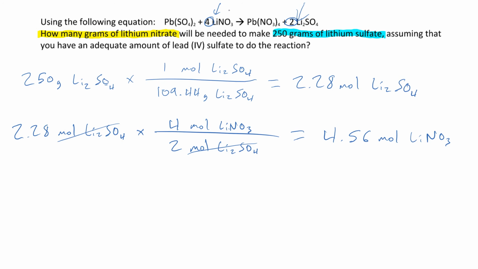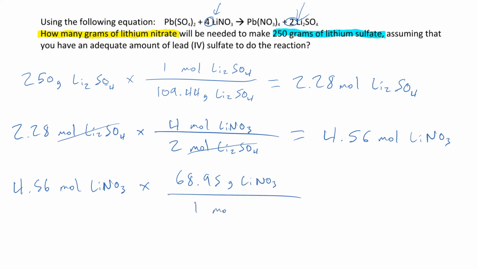Perfect. How many grams is that? 4.56 moles lithium nitrate. What is the molar mass of lithium nitrate? Well, this time we're going to multiply, and it is 68.95 grams of lithium nitrate for every 1 mole of lithium nitrate.